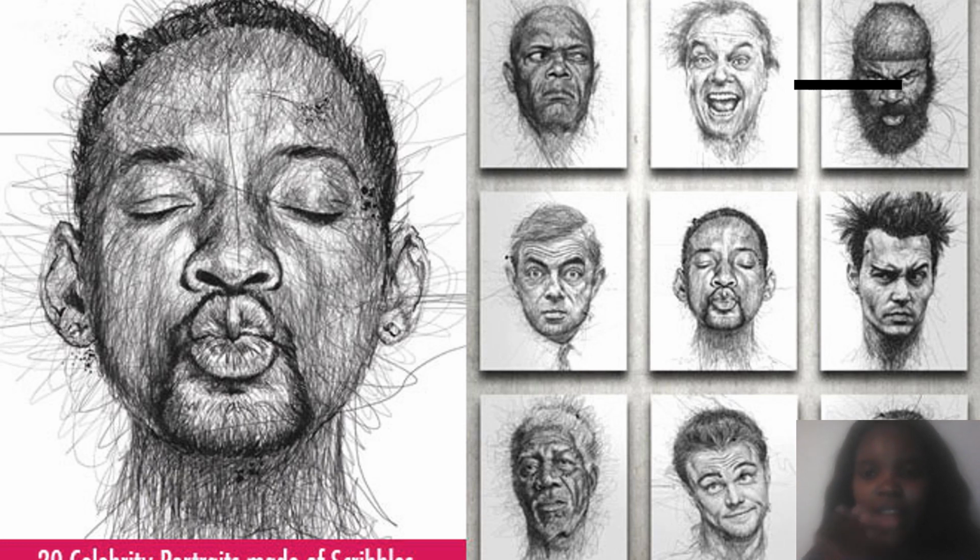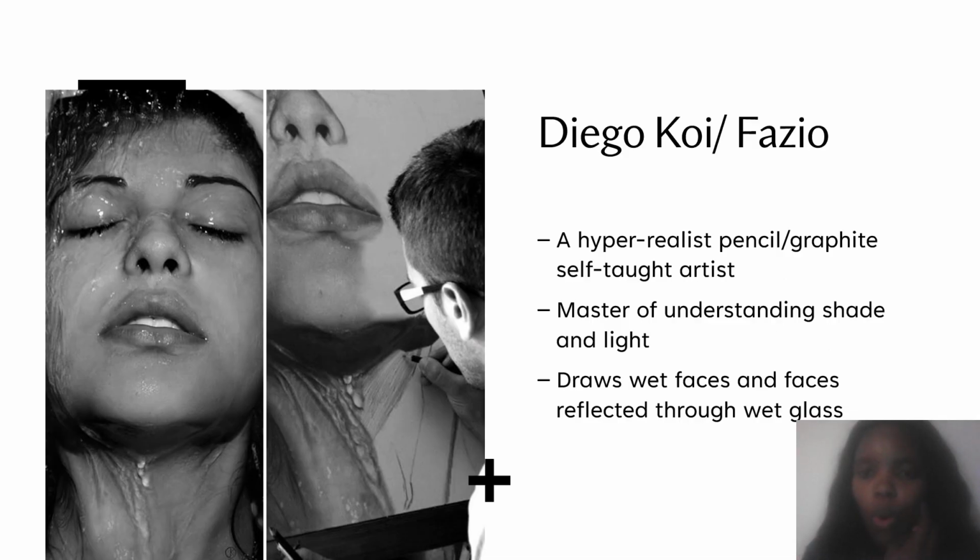It shows the value and the contrast, where his beard is a lot darker, and the hair is a lot darker as well. And there are some lighter shades that are very evident there as well. So all of these are a great introduction to the pencil techniques that we will be doing.